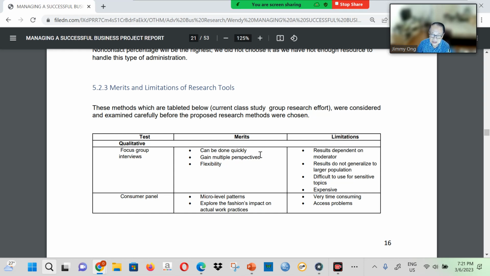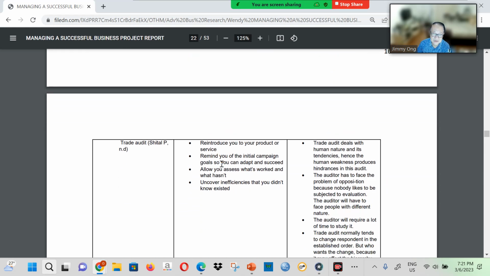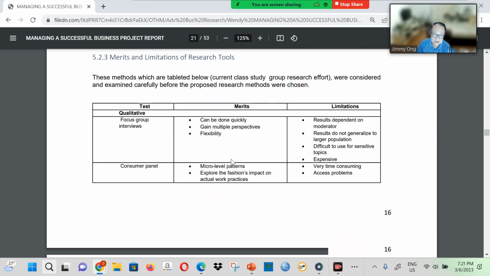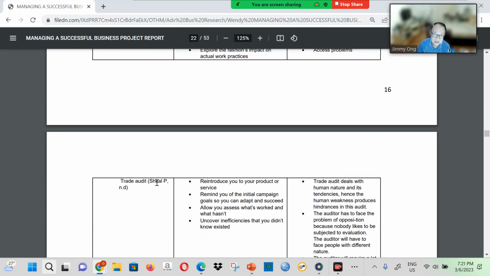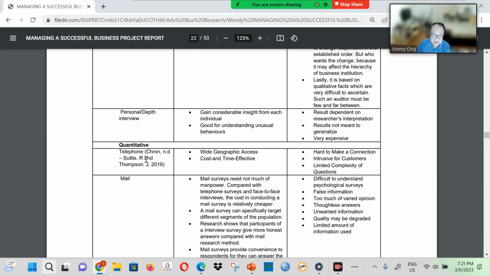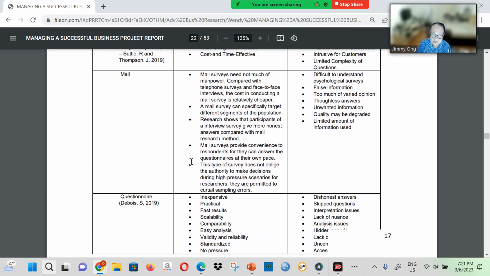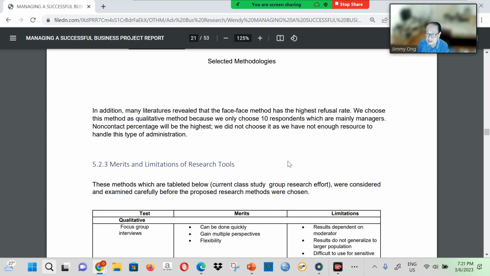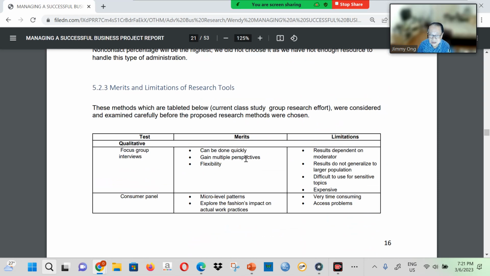No need to describe, just put this table, and I think that will be fine. And you see there's even a reference here, right? Some reference where you get the source. This table is made by my student, okay?